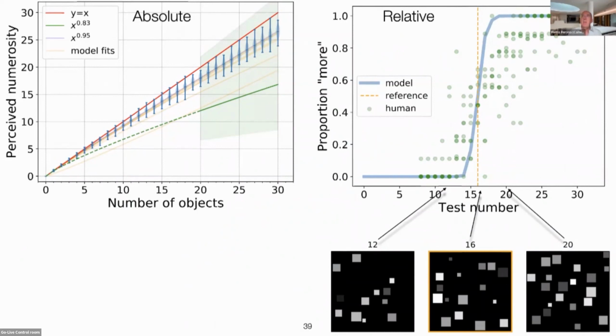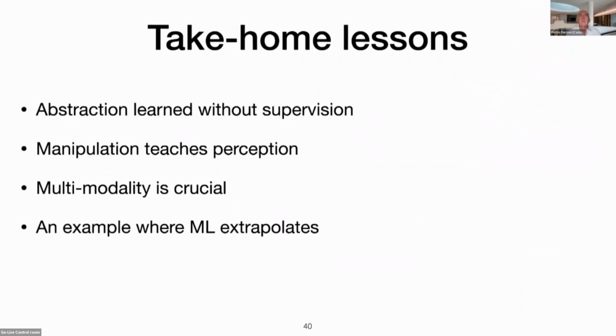What you find is that both the absolute judgment of the number of objects in a scene and the relative judgment, which scene contains more objects between the center, left, and right, mirror human performance. The model is this blue line, and it maps very close to reality, where perfect performance would be the red line, and within the realm of human performance, which is the shaded green area. So what have we learned?